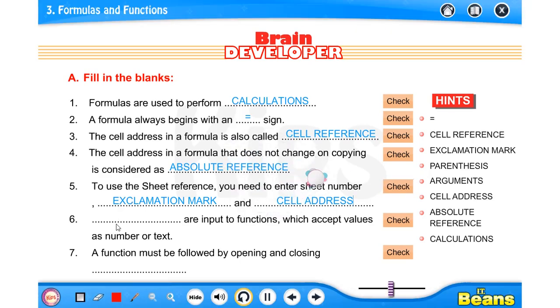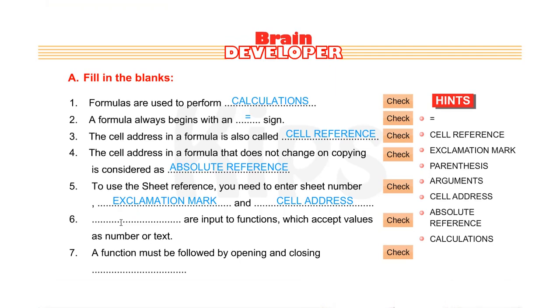Now the next one, the sixth fill up. Dash are the inputs to functions which accept values as number or text. And the correct answer is arguments.